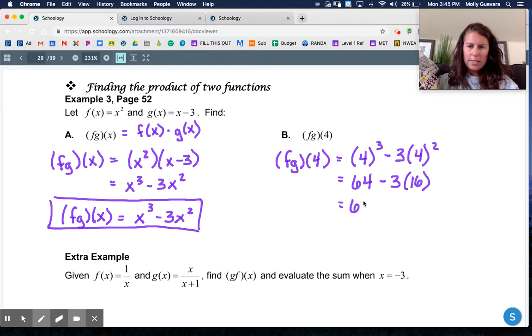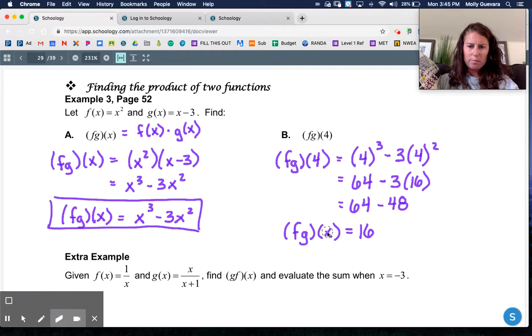So I get 64 minus 3 times 16, which is 48. So f times g of x equals 16. Oh, and not of x, excuse me, of 4. If I plug in 4, I get out 16.